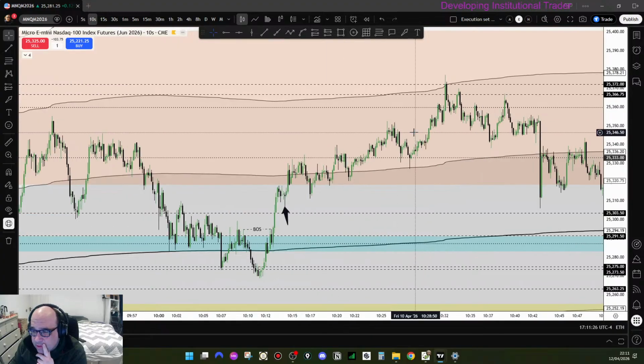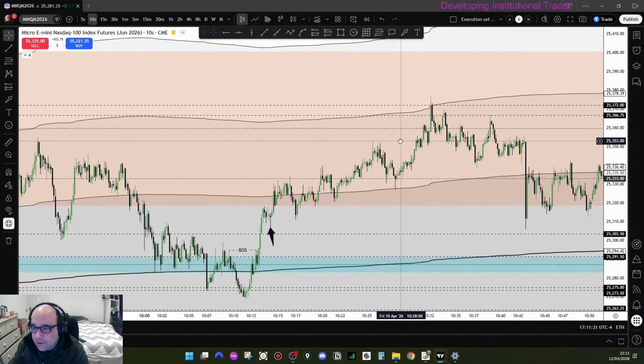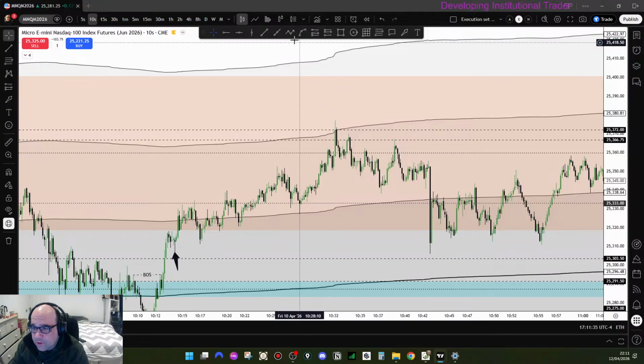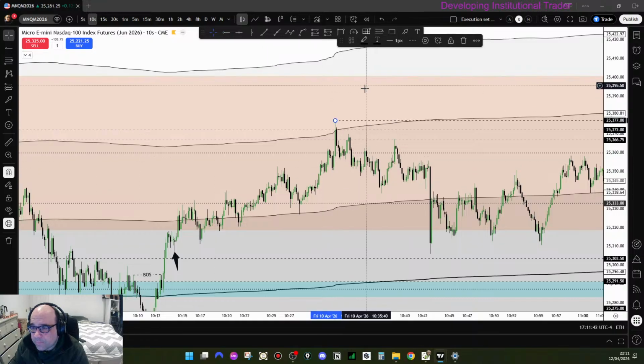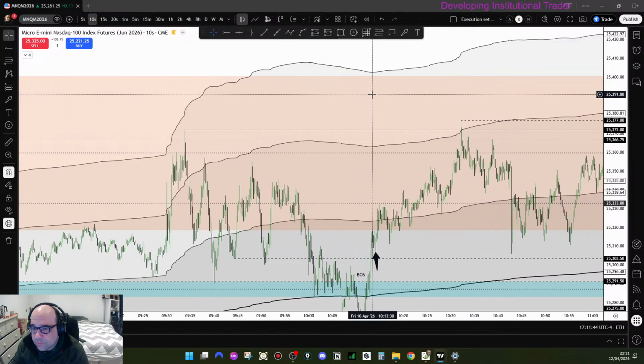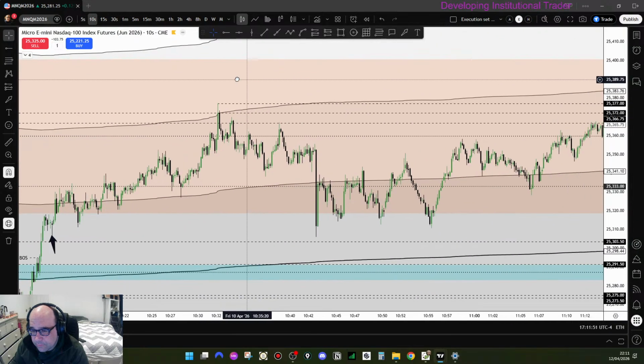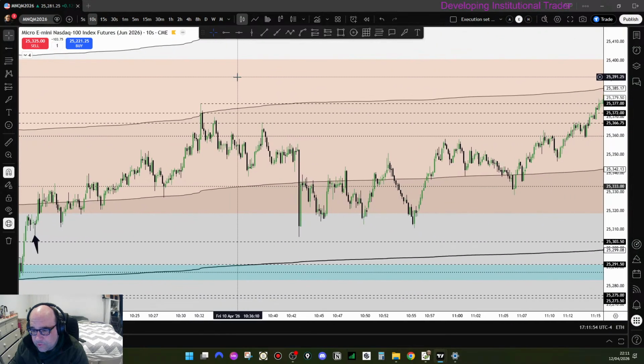And what we see the market did, the market continued higher, and then it did another manipulation. We see we had these highs, so the market did another manipulation here. And then we have the distribution phase, which happened here.